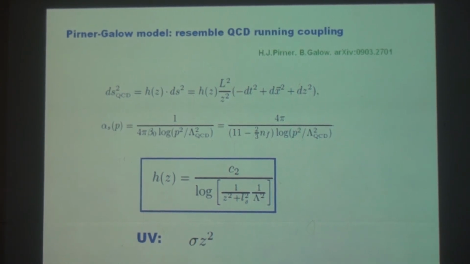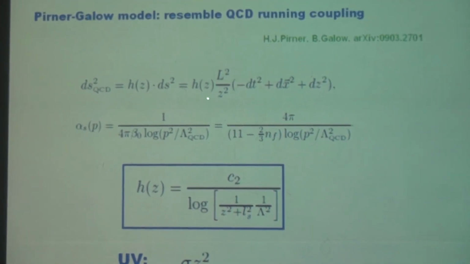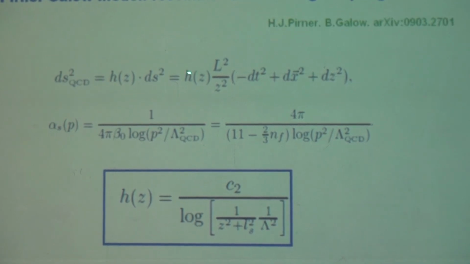So they said, how about we deform this warp factor to resemble such running coupling behavior. This is the QCD running coupling constant. They just replace this P with 1 over Z, where Z is the fifth dimension, and then they found such a deformation. It's a little bit different from this, but almost the same.